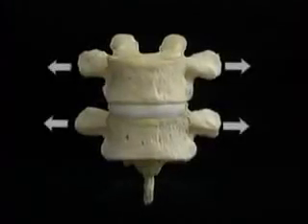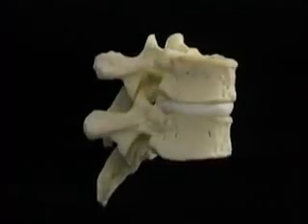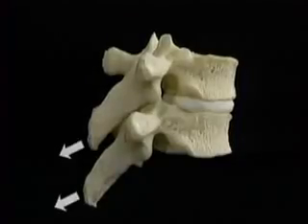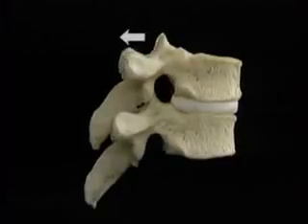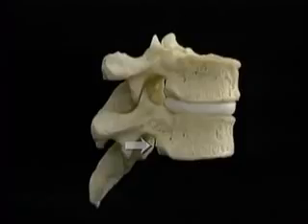The transverse processes of the thoracic vertebrae point sideways. The spinous processes point downwards, each one overlapping the one below. The articular processes are almost vertical. The upper ones face almost straight backwards, the lower ones face forwards.